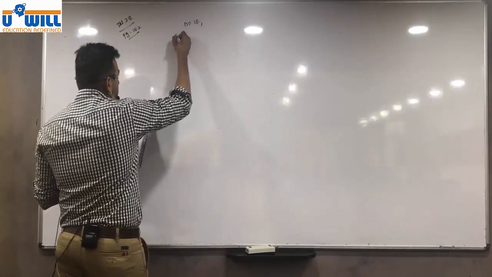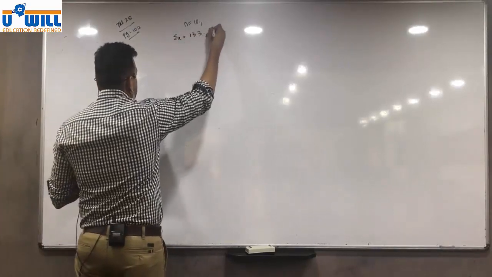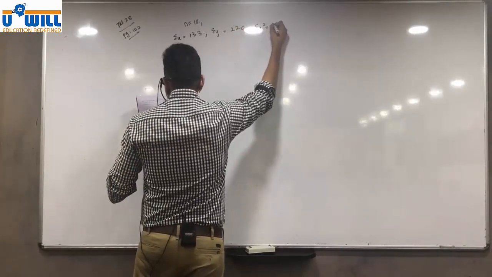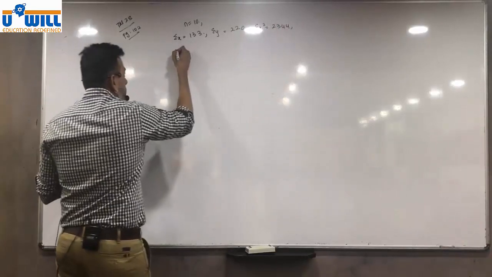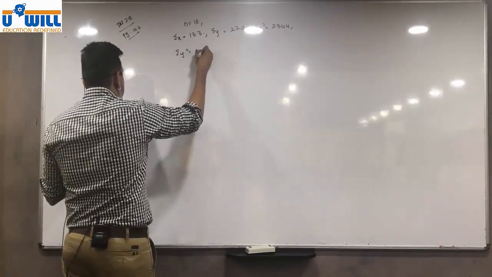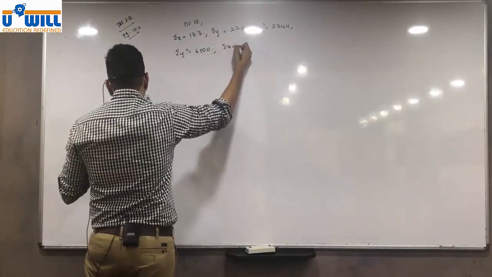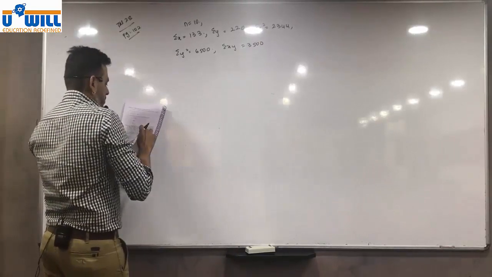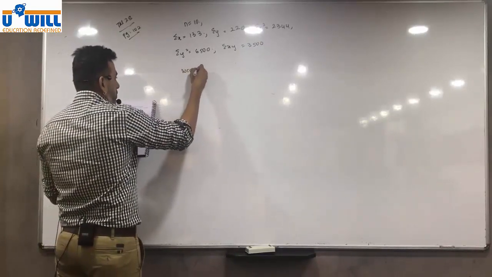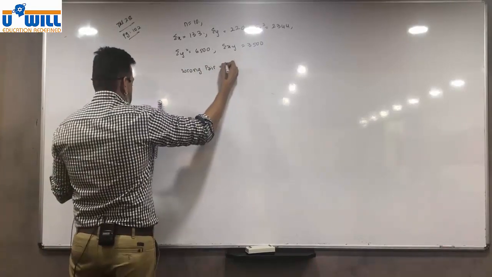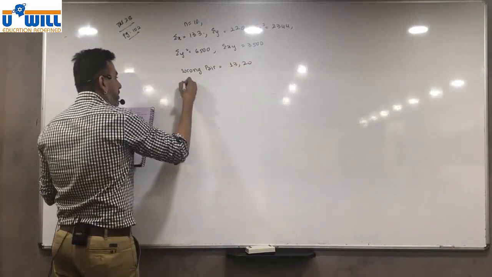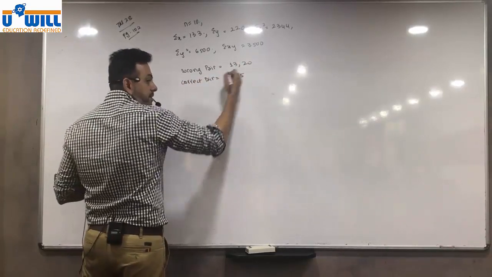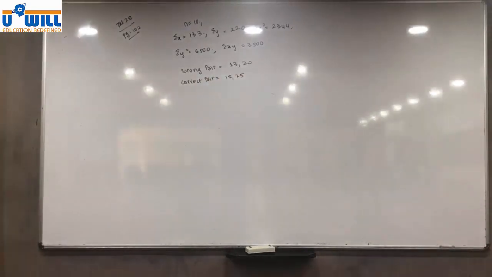Sigma x is equal to 133, sigma y is 220, sigma x square is 2344, sigma y square is 6500, and sigma xy is equal to 3500. Wrong pair is 13 and 20. Correct pair is 15 and 25. Are you able to recall the sum we have done just now?